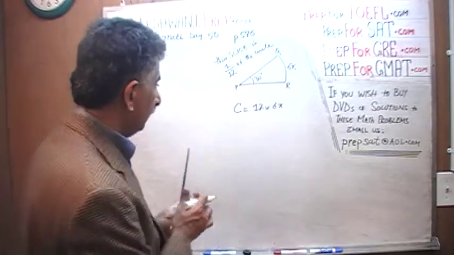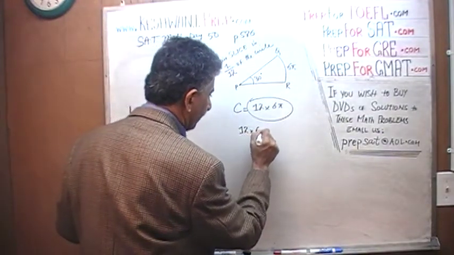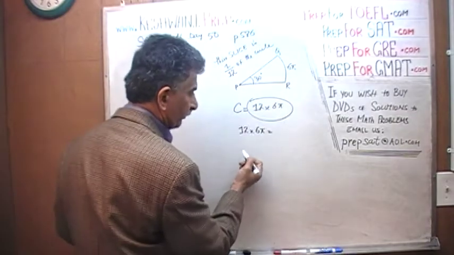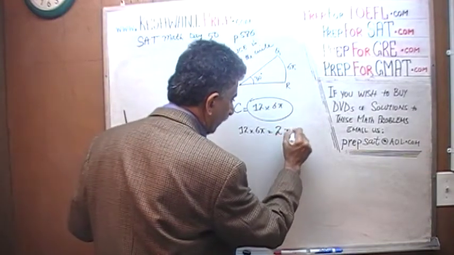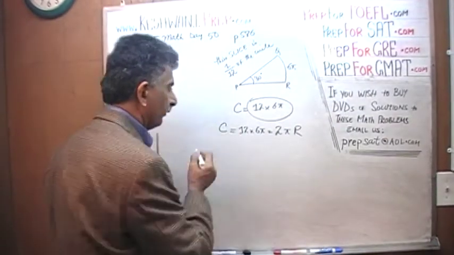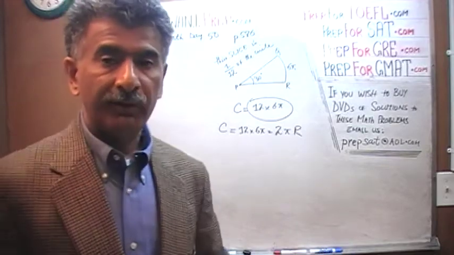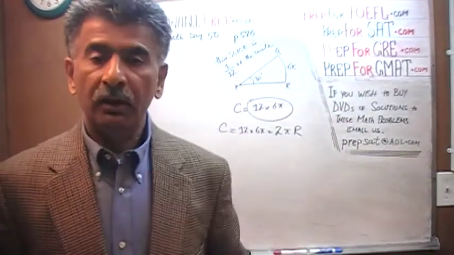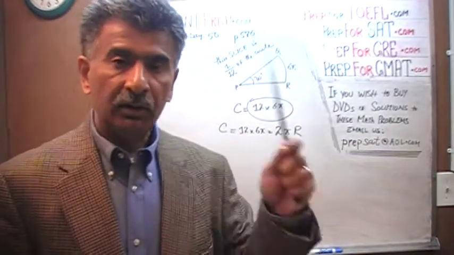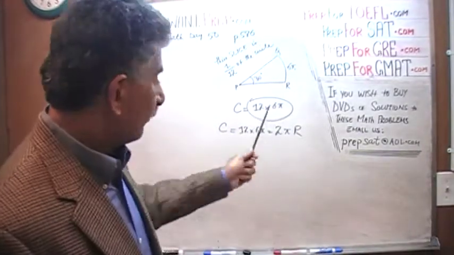So this quantity that we just arrived at, 12 times 6 pi, which is the circumference of the circle, must equal 2 pi r. Now we can solve for r. Once we have the radius of the circle, we can figure out the area of the entire circle, and once we have that, we can take a 12th of it, and that will be the area of the slice. So that's one way of doing it.